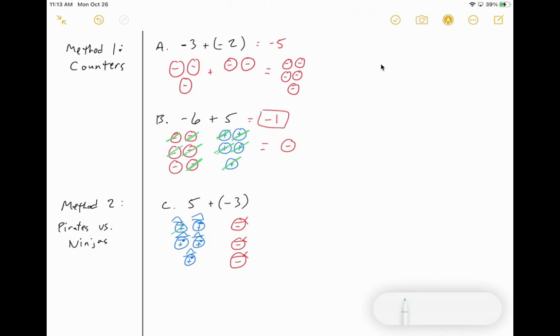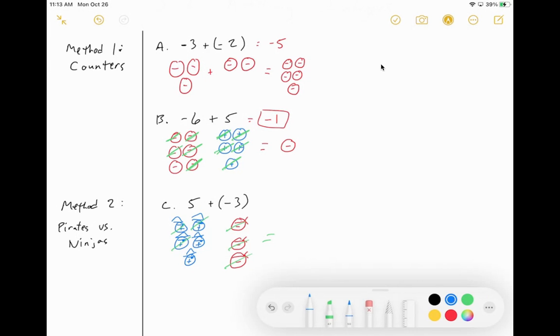So this guy cancels out this guy. This guy cancels out that guy, and this guy cancels out him. And so you think about it. Who won this fight? Who's still standing? The pirates. How many pirates are left over? Well, there are 2 of them left over.